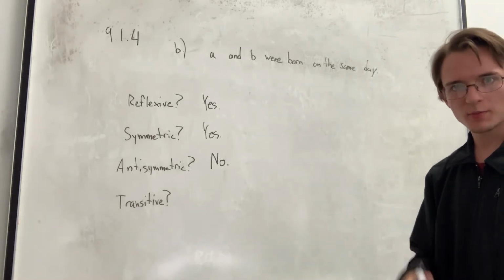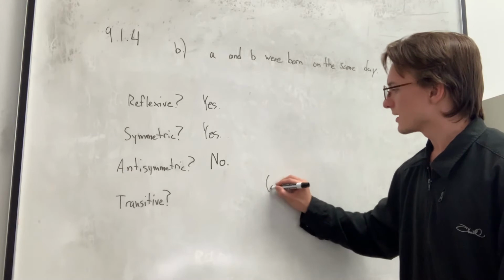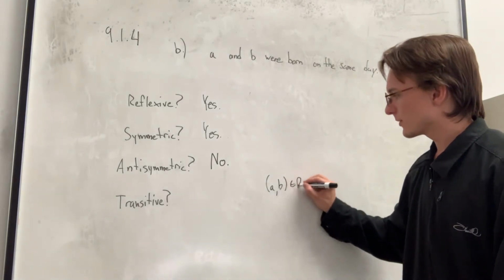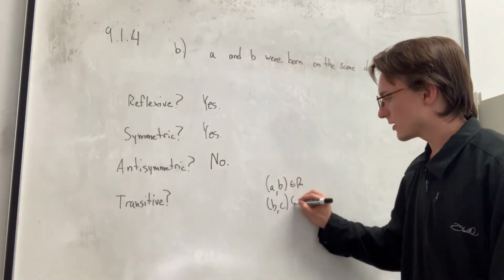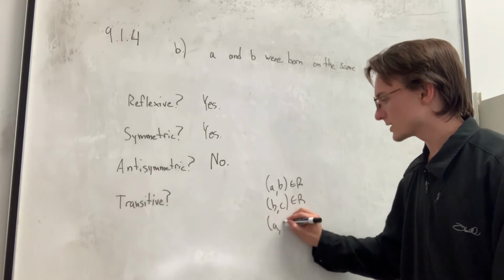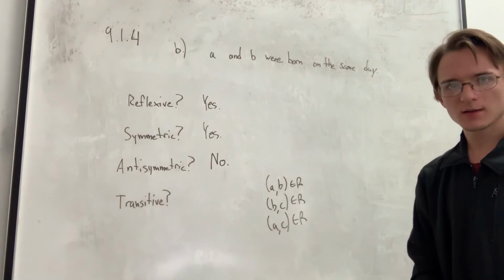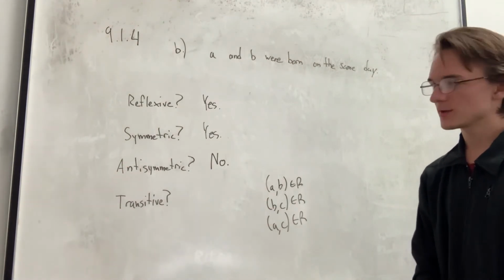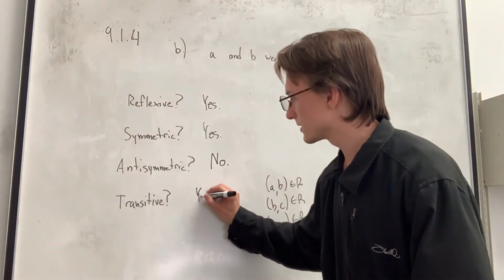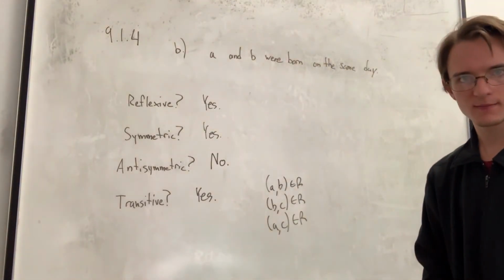Yes, so we can again replace it. We can say that A and B are in a relationship. B and C are in a relationship. Therefore, A and C must also be in a relationship. Simply put, A, B, and C can all be born on the same day. So therefore, it is transitive.